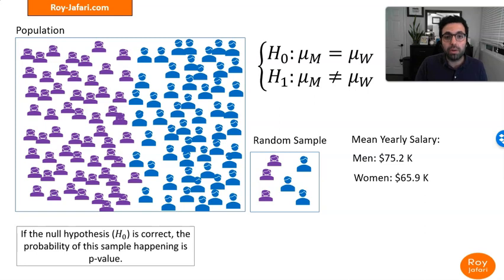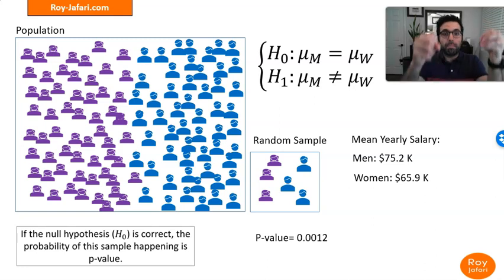Let's say our p-value comes out to be 0.00112, right? So let's read our sentence again. If the null hypothesis is correct, which is that the average salary of man and woman in our population is the same, then the probability of picking this sample and seeing this is 0.0012, which is a small probability.